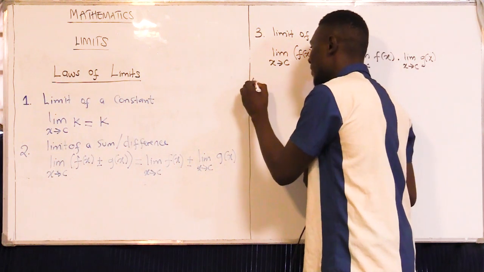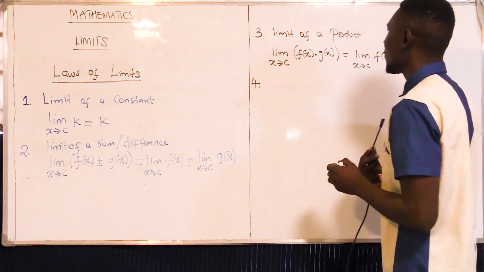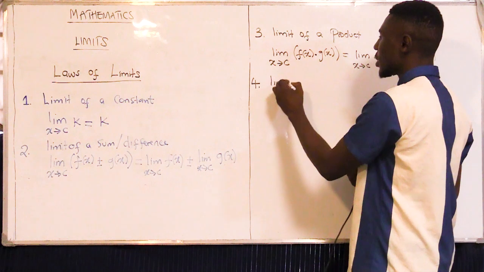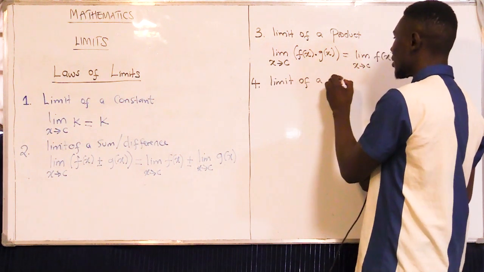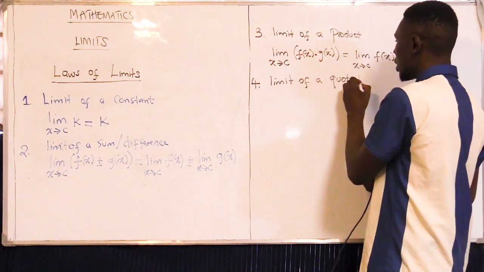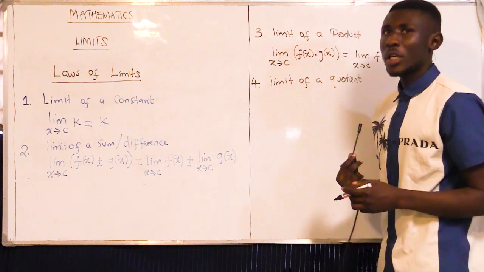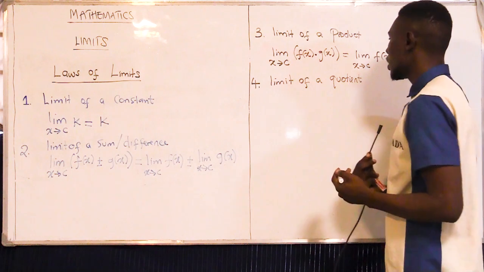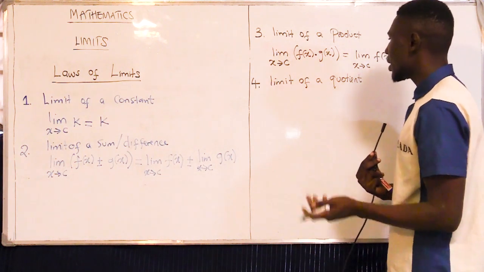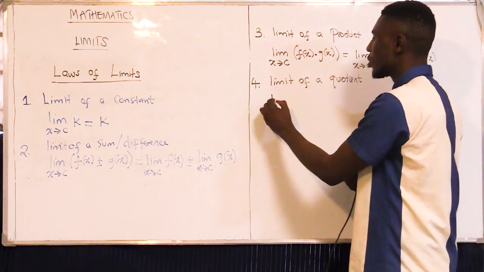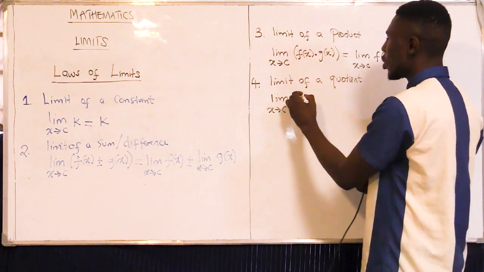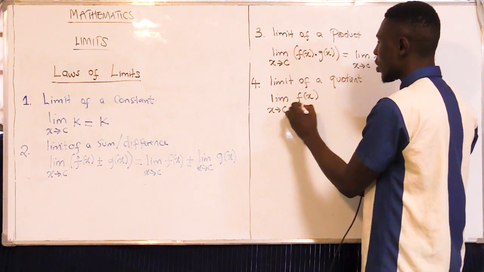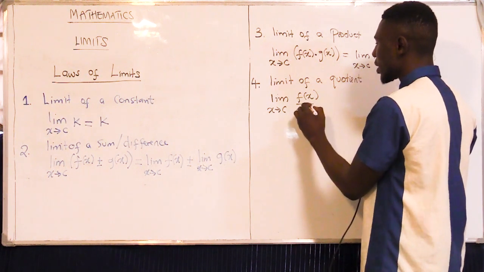We move on to the fourth one. The fourth one is limit of a quotient. Now here is where we have a function which is the result of dividing other functions. A case of, let's say, limit as x is approaching c of f of x over g of x.